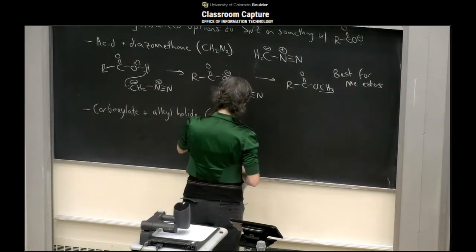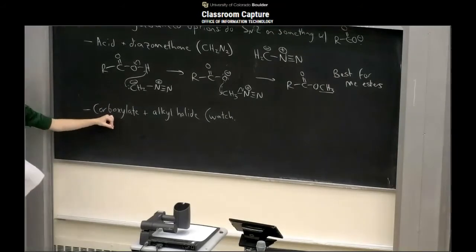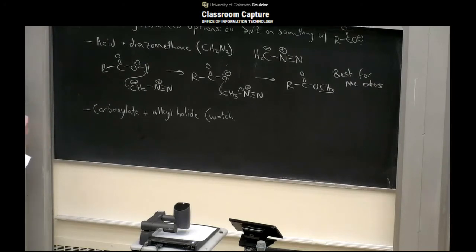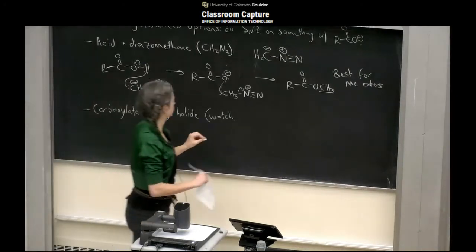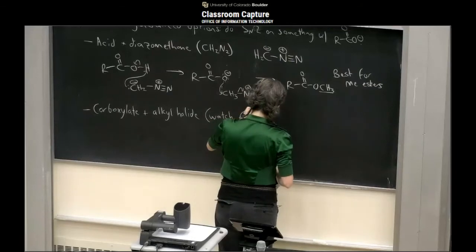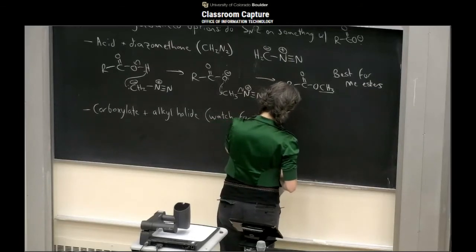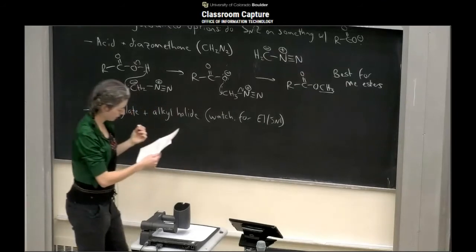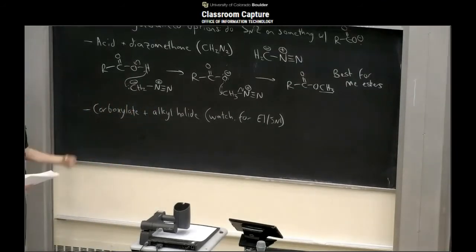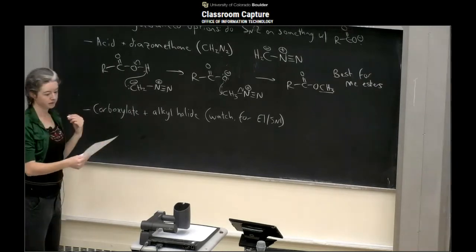But it turns out carboxylates are weak base, poor nucleophiles, so we have to be careful with our alkyl halide that we're not getting into E1, SN1 territory. Okay, so again, methyl's probably the best choice, or benzyl is another good choice because we know benzyl is great at SN2.